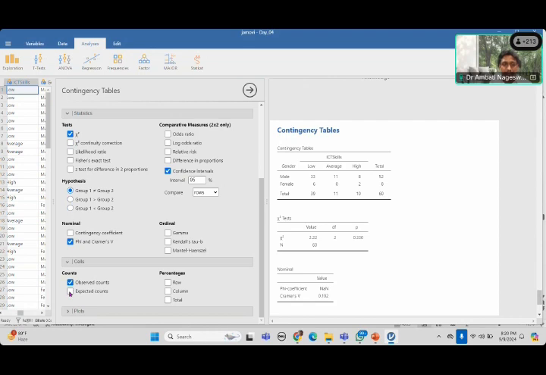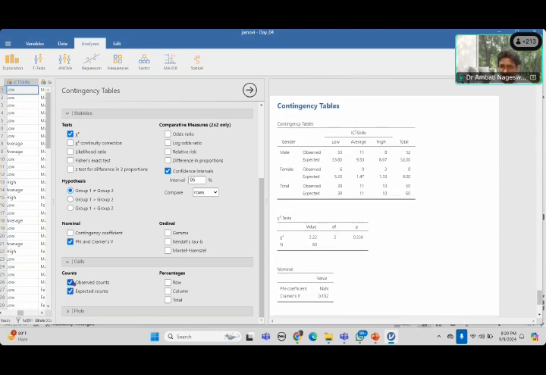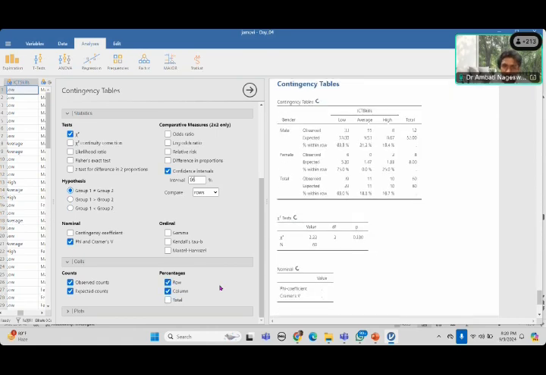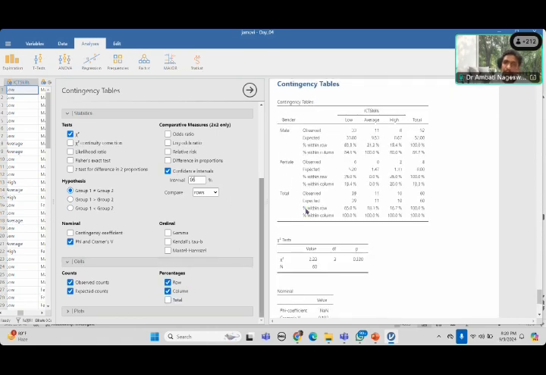Now select expected counts and observed counts. Observed counts is already selected by default. One also has to select expected counts, row percentages, and column percentages.